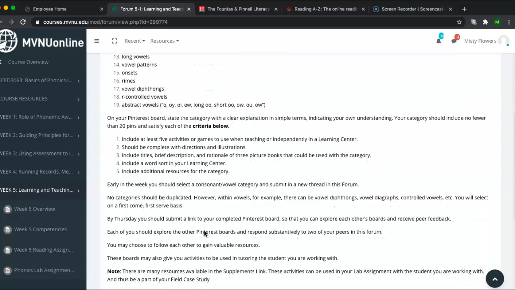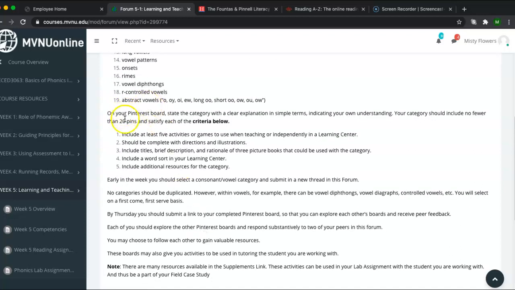On your Pinterest board, and this is very important, state the category with a clear explanation in simple terms. Your category should include no fewer than 20 pins and should include at least 5 activities or games to use when teaching or independently in a learning center.